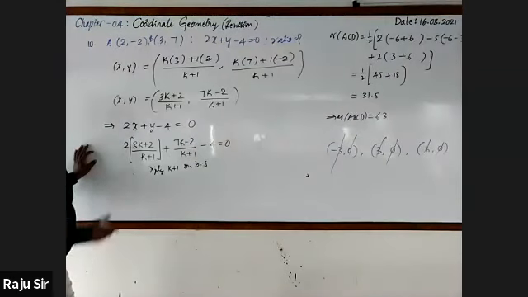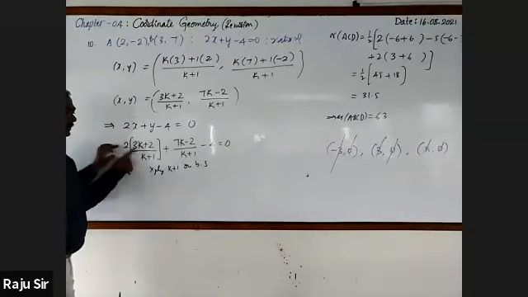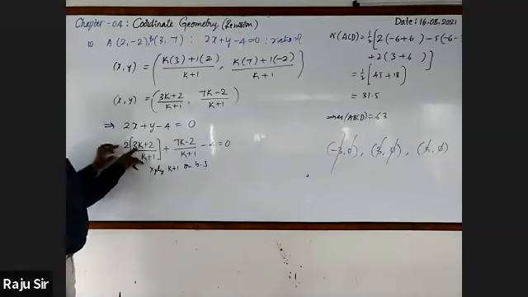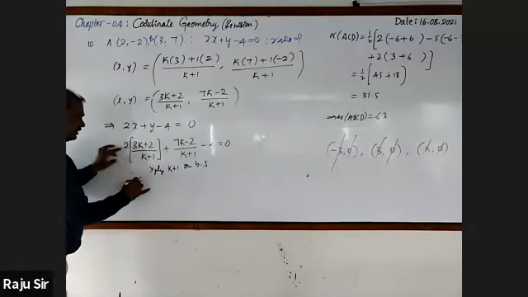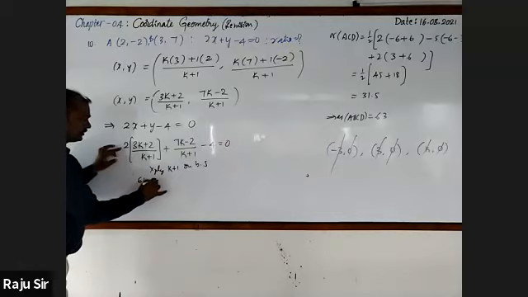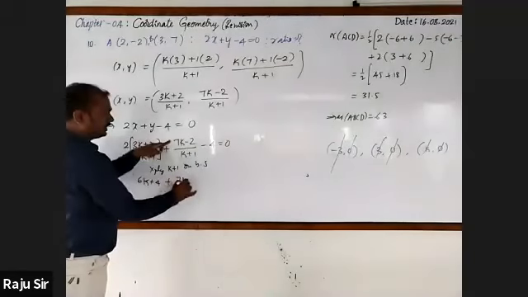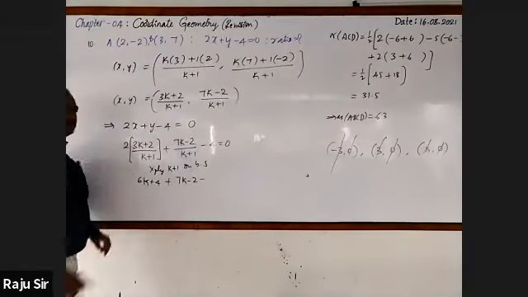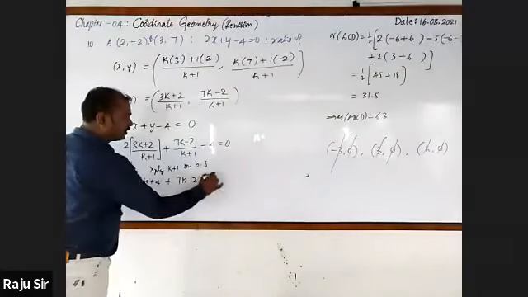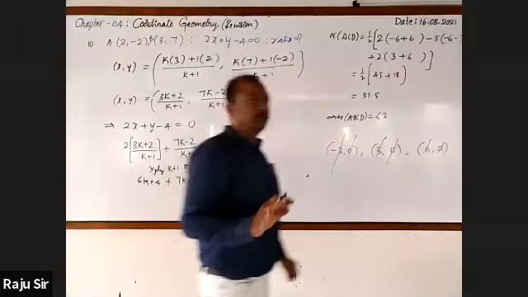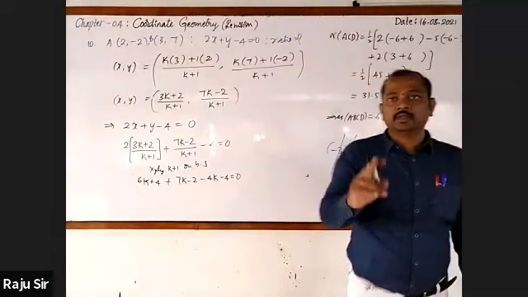Now if you multiply by k plus 1, it gets cancelled. Directly we get 2 into 3k plus 2, that is 6k plus 4, then 7k minus 2 minus 4k minus 4 equal to 0. Ask me if any doubt. Any doubt?